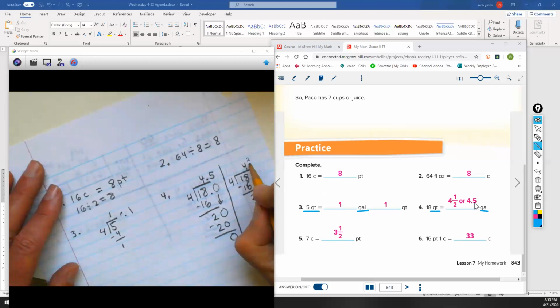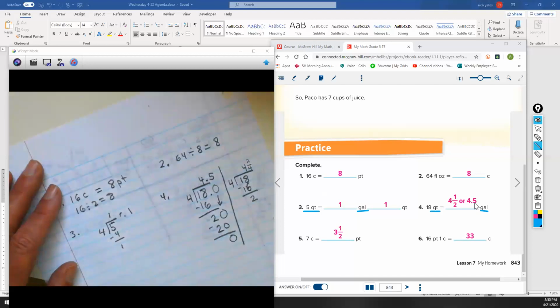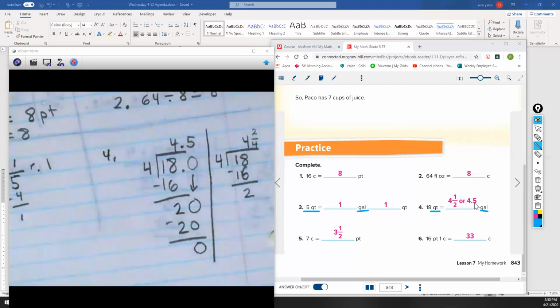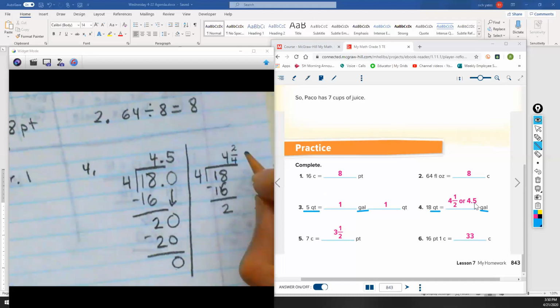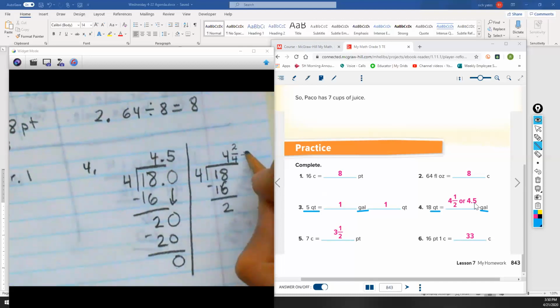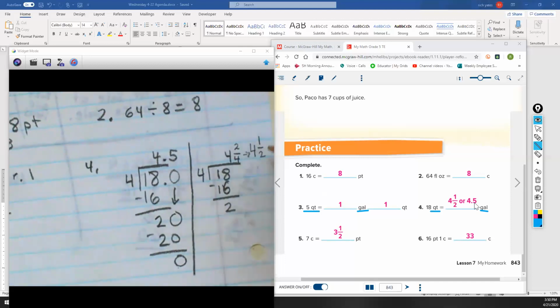Our 4 becomes our denominator, and let me do some zooming so you can see what's going on here. Now, I want to reduce that fraction down, so now it becomes 4 1/2, because 1/2 is an equivalent fraction to 2/4. And that's how I ended up with 4 1/2 as my answer for number 4.